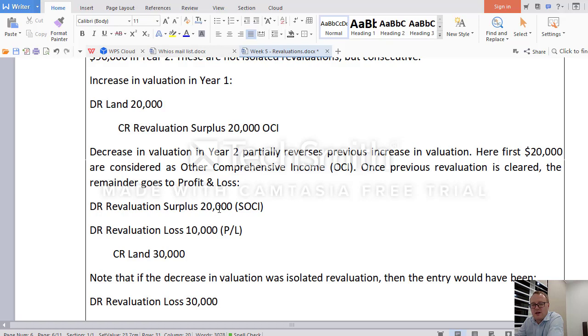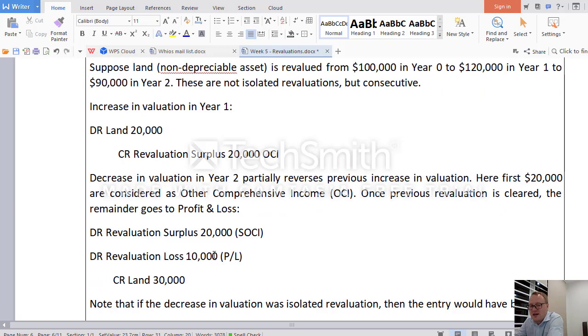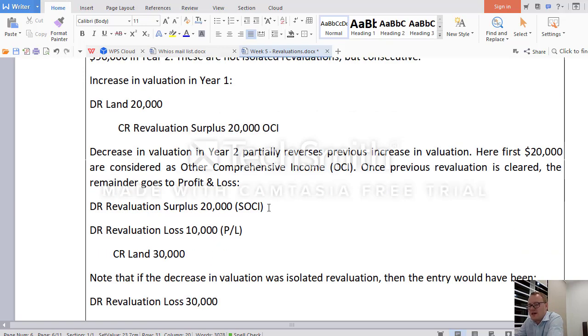And the other 20,000, it is a reversal. Why is it a reversal? Because initially it was from 100 to 120, and now it is from 120 back to 100 and then further to 90. So this from 120 to 100 is just a reversal. And reversal, we put it in the statement of other comprehensive income.